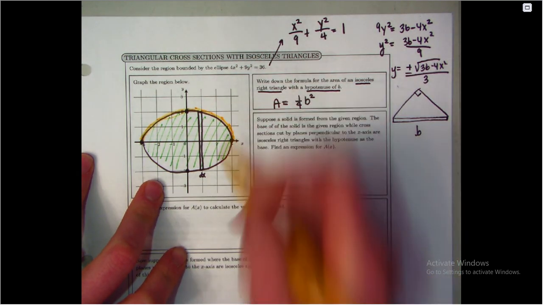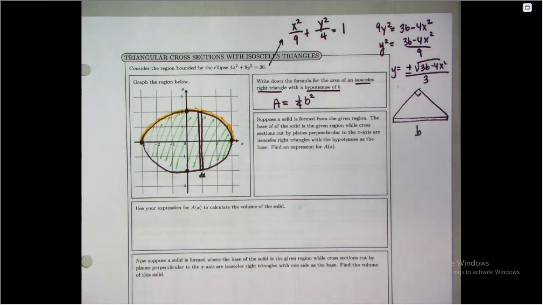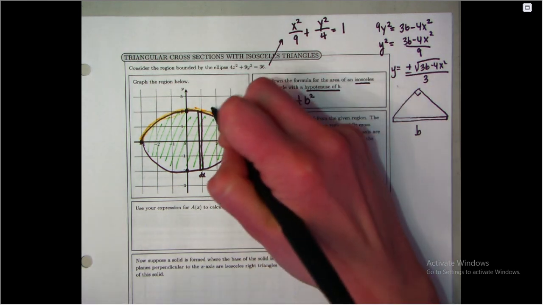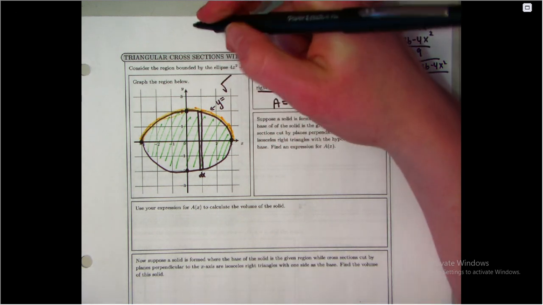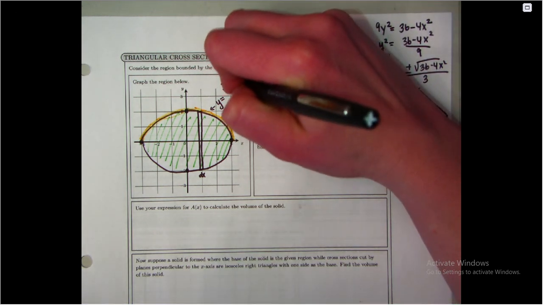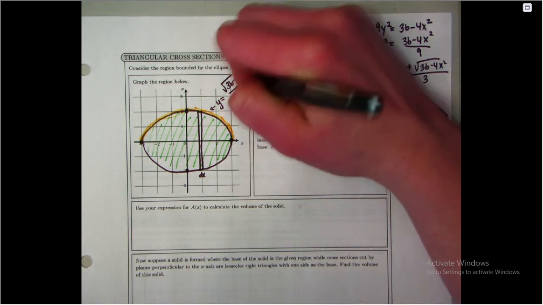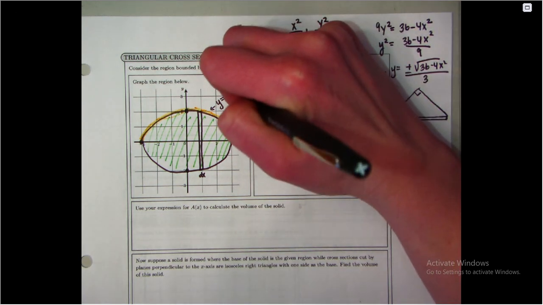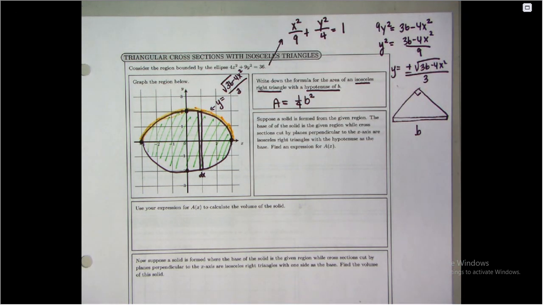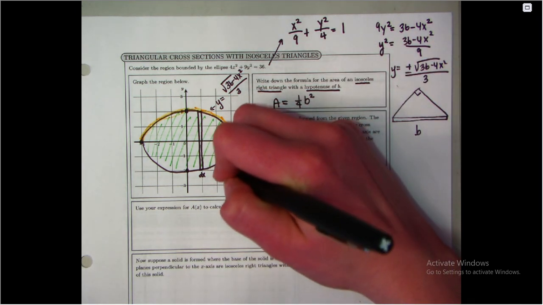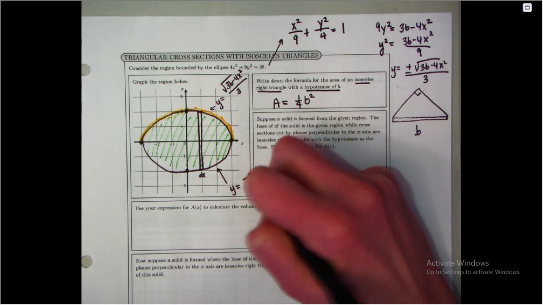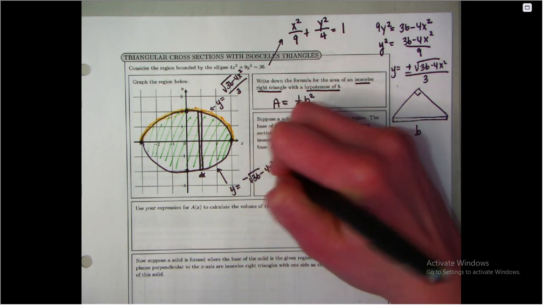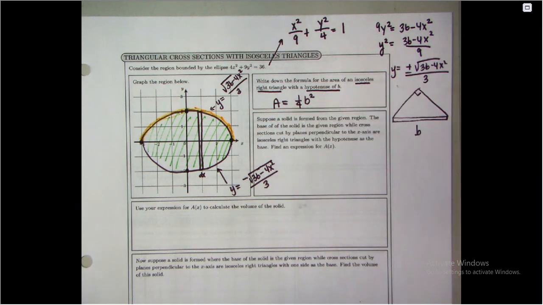So that part that I outlined in yellow here would have an equation of y is equal to the positive square root of 36 minus 4x squared, all divided by 3. And the bottom half would be the negative version of that, so negative square root of 36 minus 4x squared divided by 3.